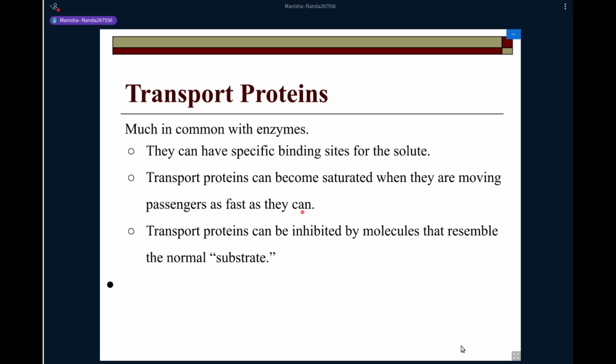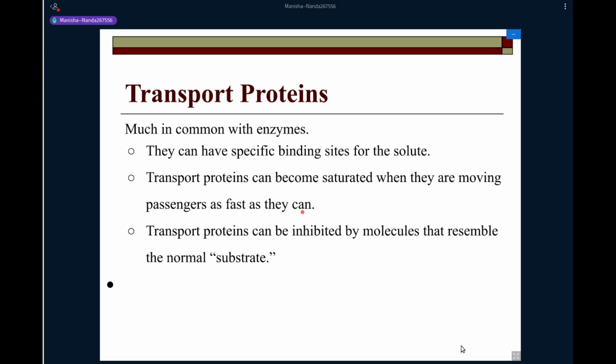Now, this is very important to understand. A transport protein, which is carrying a solute from one side of the membrane to another, is going to have a particular capacity on the total number of solute particles. Say, for example, it can carry one, two, three, depending upon how many binding sites it has for that particular solute.